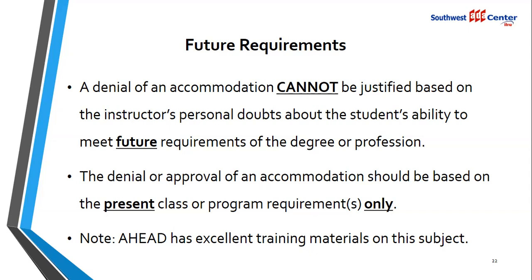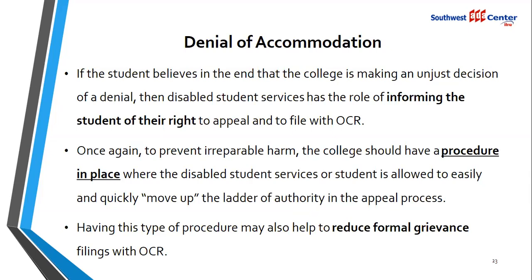Next, a denial of accommodation. If the student believes in the end that the college is making an unjust decision of denial, then Disabled Student Services has the role of informing the student of their right to appeal and to file with OCR.